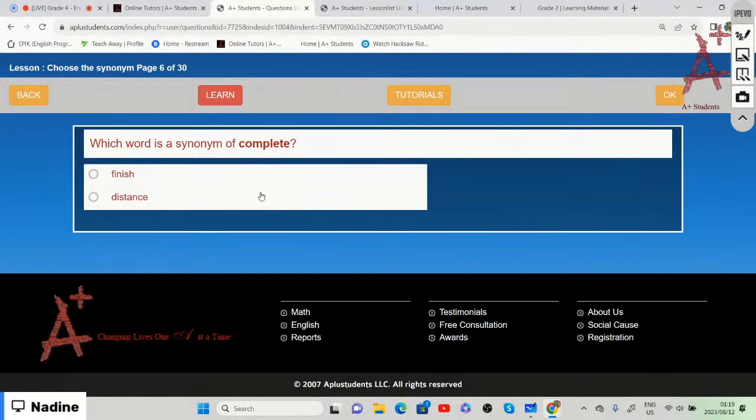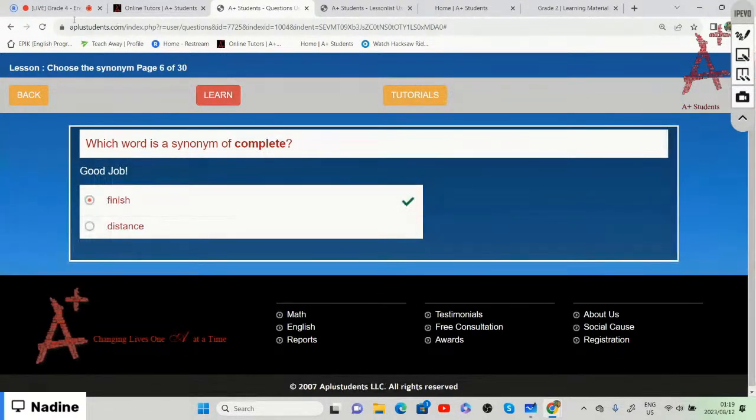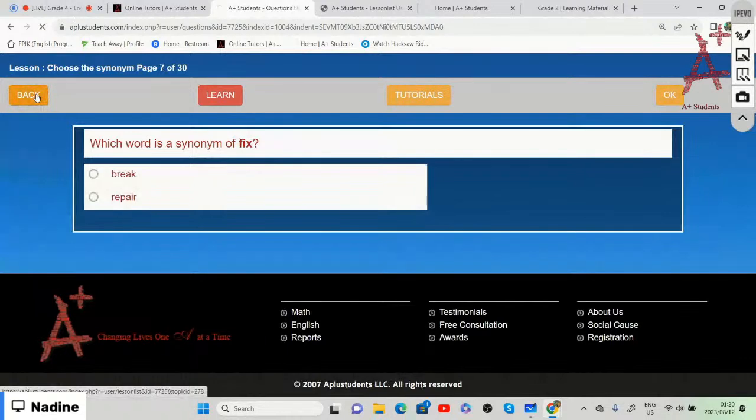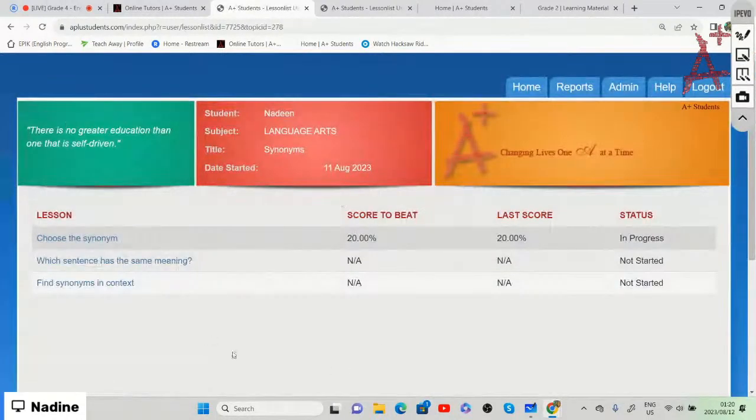I completed my chores. I finished my chores, right? Distance is something else. So complete and finish are synonyms, words either the same or similar in meaning, right? So those are the synonyms that we just chose.